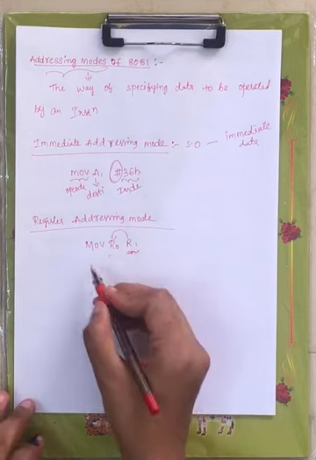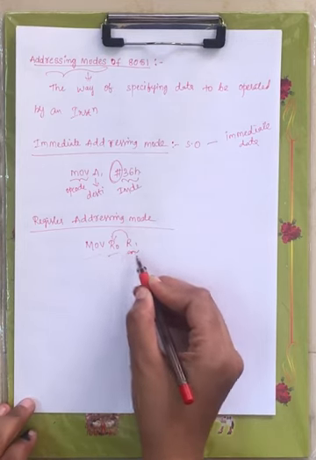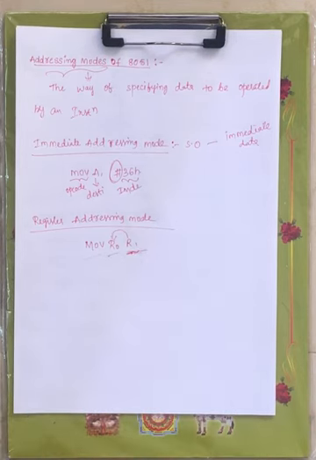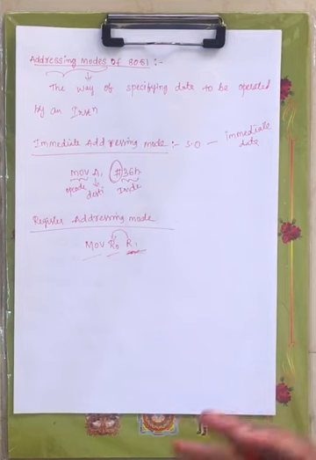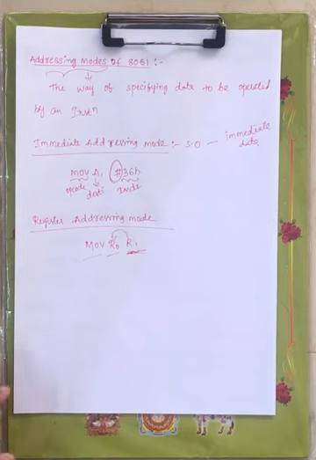This is the opcode, this is the destination operand, this is the source operand. What is register addressing mode? The addressing mode in which the source operand is a register is nothing but register addressing mode, right?